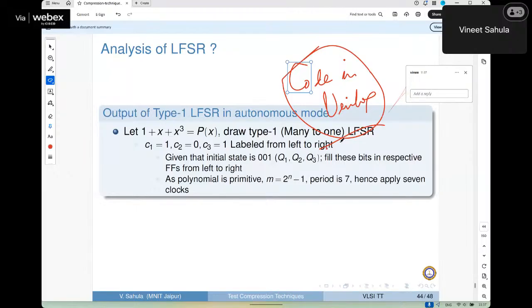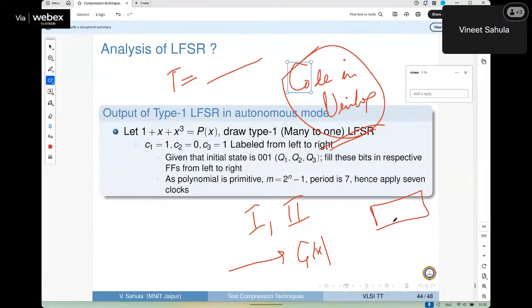Or for those who do not know Verilog code, I will float a separate polynomial and you realize the type 1, type 2 LFSR, take any generating polynomial and show that the remainder polynomial is equal to the bit pattern stored in the LFSR finally. Right? I will put that assignment in your canvas.